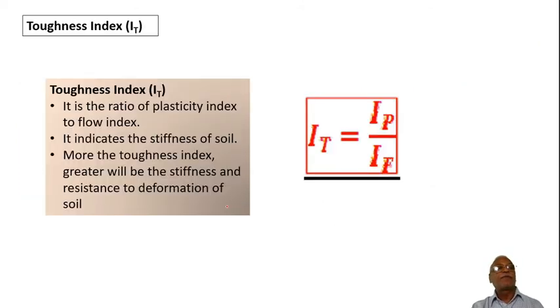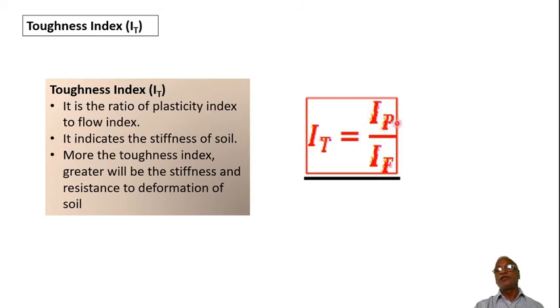Okay. Next, there is what is known as toughness index, IT. The toughness index, which is represented by capital I with a suffix T, is the ratio of plasticity index to flow index. Very simple definition. IT is equal to IP by IF.